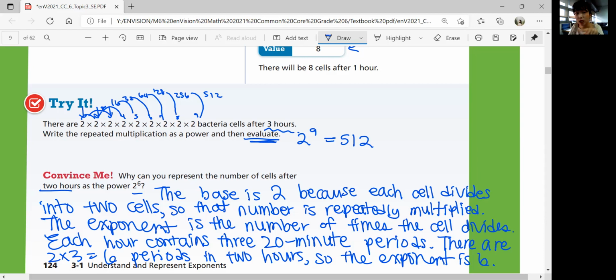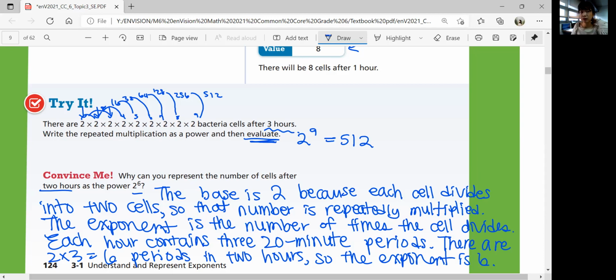Every hour they divide 3 times, and if you have 2 hours, you divide 6 times. So there are 6 periods in 2 hours, so your exponent is 6. You're dividing 6 times, which means you're multiplying 2 6 times.